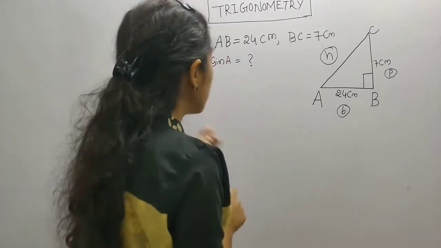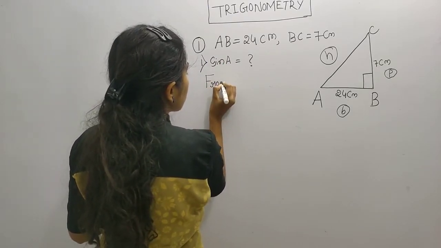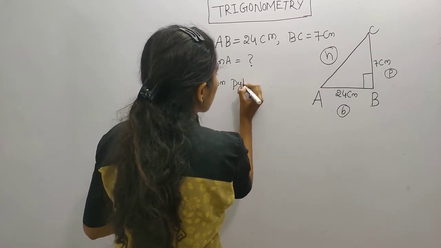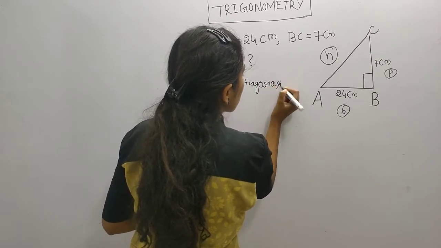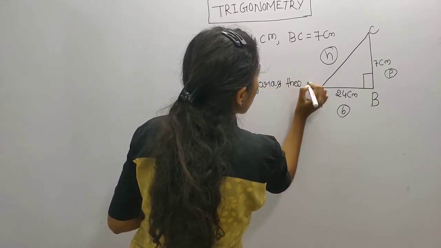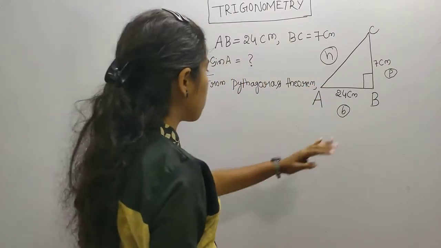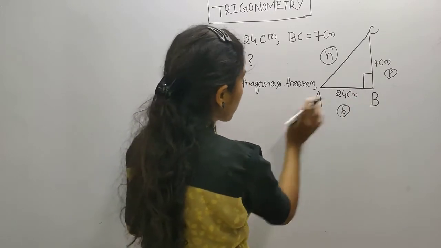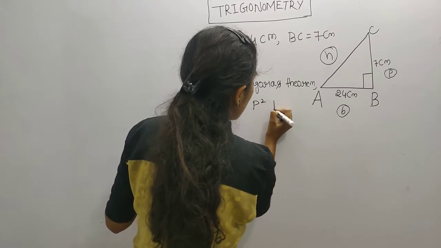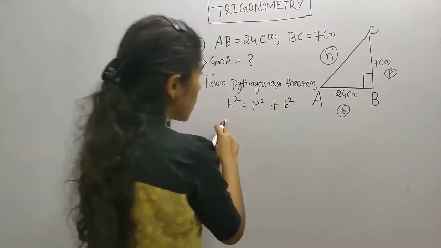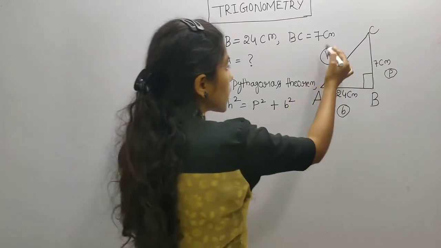Okay, it's very easy. From the Pythagoras theorem, we know a formula. What is that formula? H square equals P square plus B square. H square, this is our longer side, so this will be on the left-hand side.